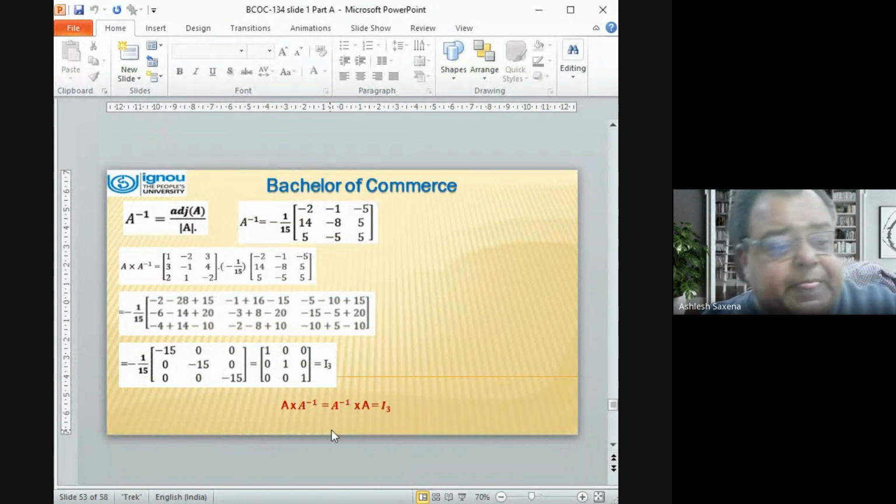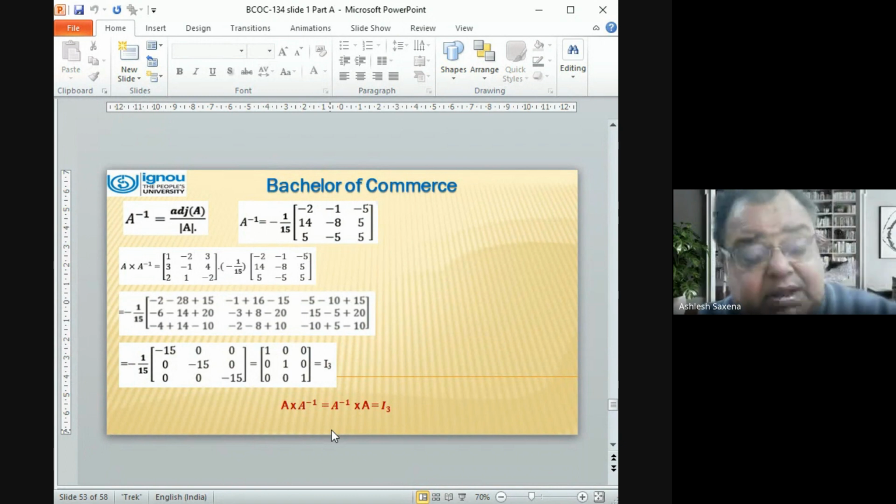So this is how the inverse is calculated, and you can prove that A into A inverse is equal to A inverse into A is equal to identity matrix of order 3. Any doubt in it? How the multiplication is, but that is the most important part. Multiplication of two matrices.